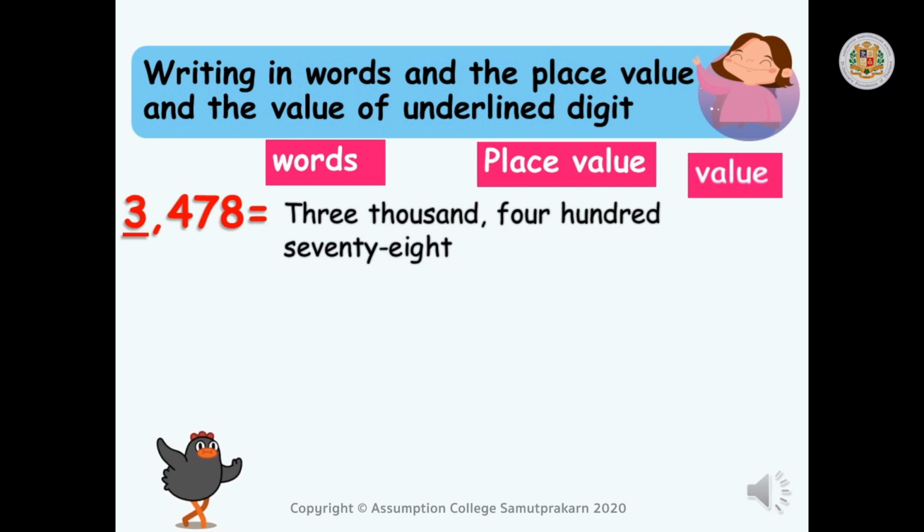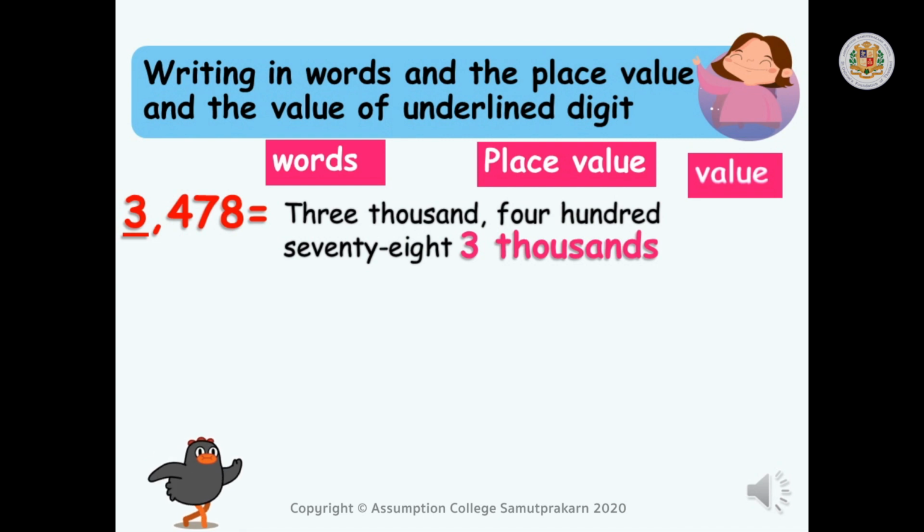Now, in reading this number in words, sometimes you can use AND between 400 and 70. Either way, with the word AND or without, it's still correct. What is our underlined digit in this number? Yes, it's digit 3. The place value is in the thousands place, or we can read 3,000s.